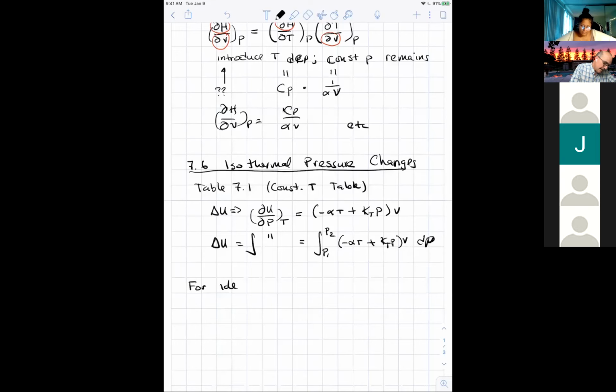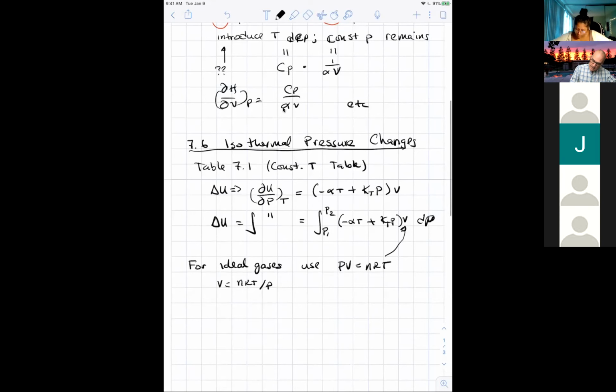If we happen to have an ideal gas, we're always going to try to use PV equals nRT, right? And this is going to change this apparent V dependence to P dependence. The V is nRT over P, right?